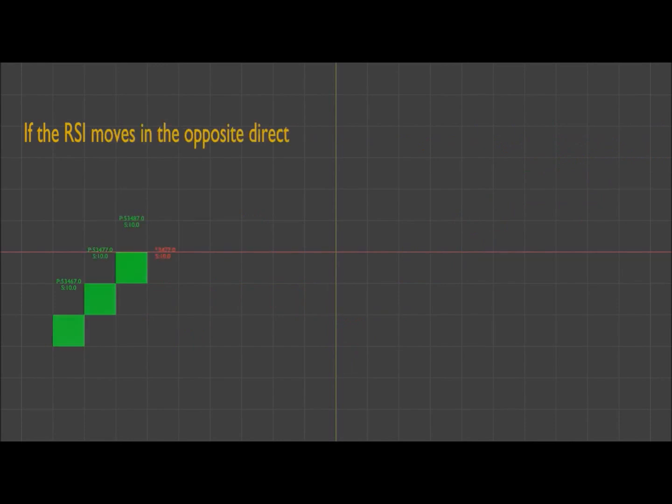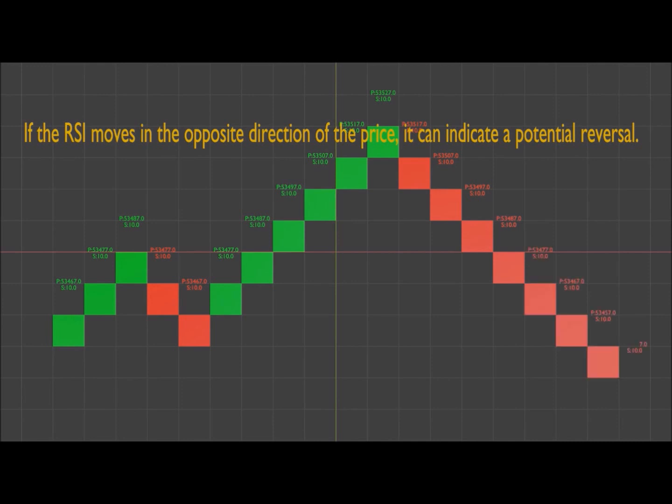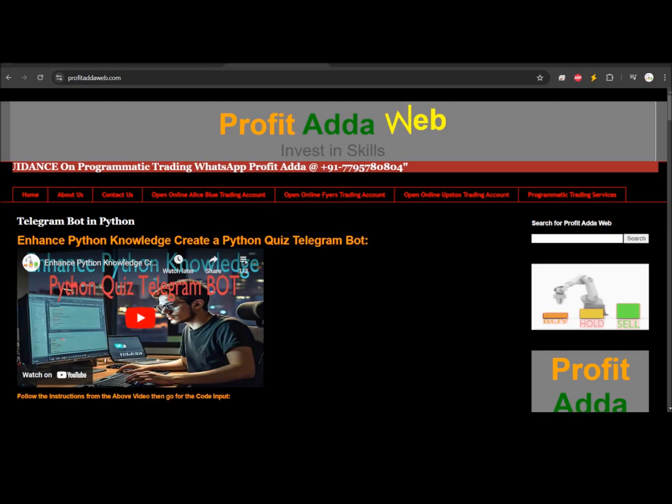When it moves in the opposite direction of the price, it can indicate a potential reversal, which means if the price is moving upwards, touches the 70 or 80 overbought levels, and suddenly comes down drastically, this is a potential reversal.